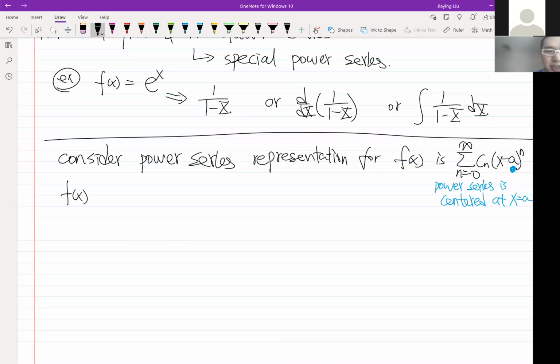So let's consider this power series, and I'm going to expand it. f of x is equal to sigma n from 0 to infinity of c_n (x minus a)^n.